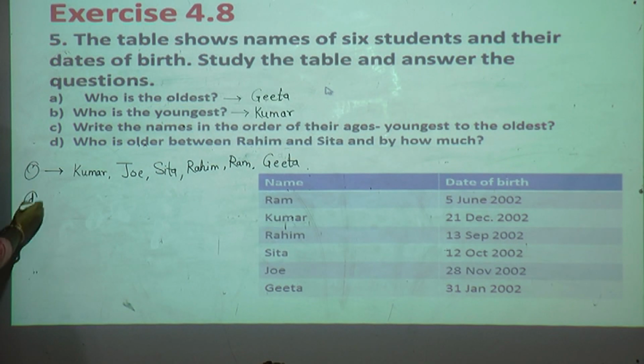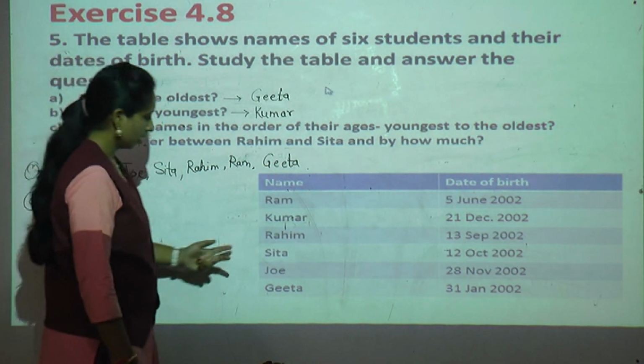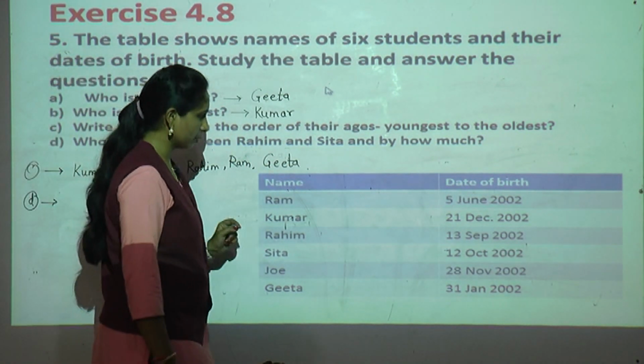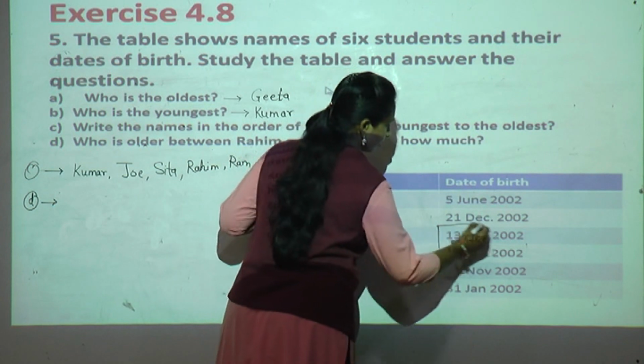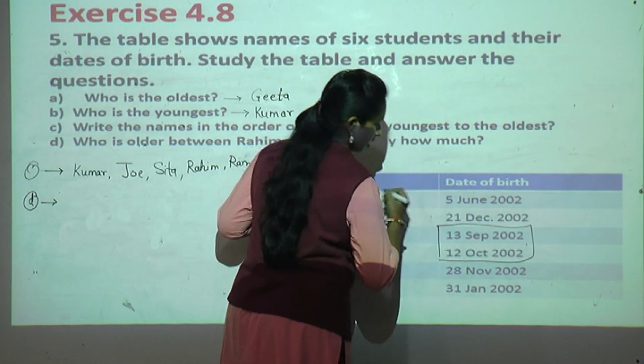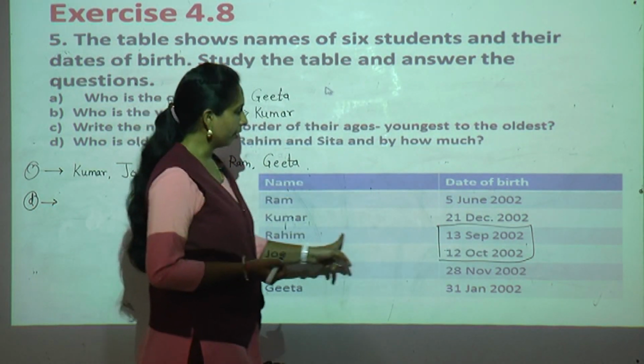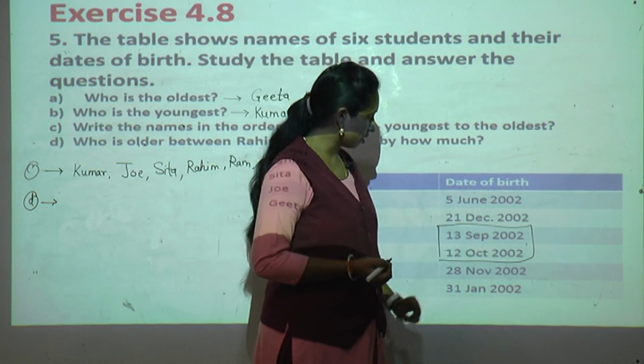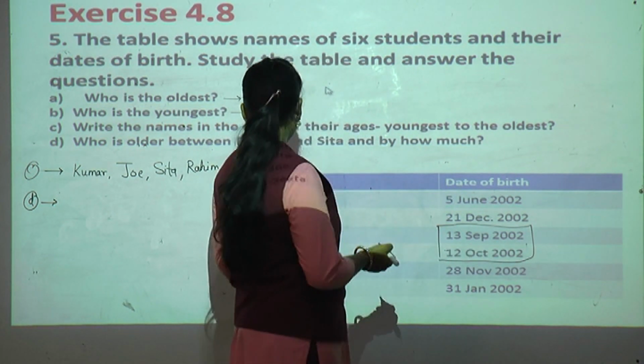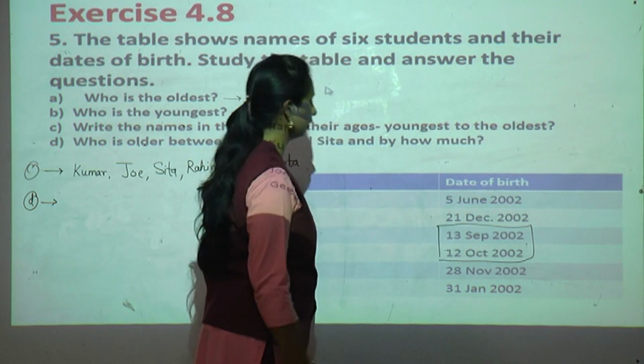Now we will solve the D question. See the D question. Who is older between Rahim and Sita? Now see, we are going to compare Rahim and Sita. Rahim was born on 13th September 2002 and Sita was born on 12th October 2002.